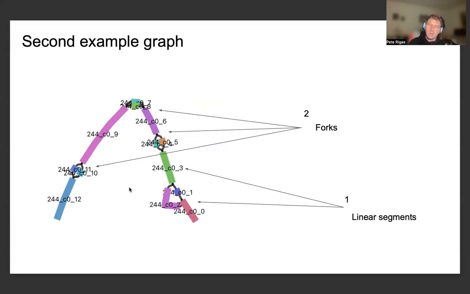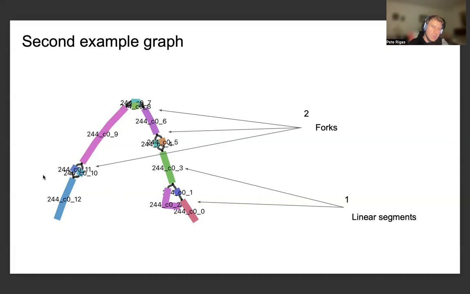There can also be linear segments, as we've been demonstrating, but in this case the overall topology and structure of the graph differs a little, in the sense that we have linear segments at 24C00 as well as 24C03, but a different number of forks interspersed at different positions of the graph.